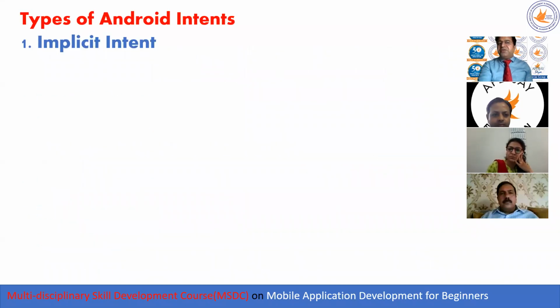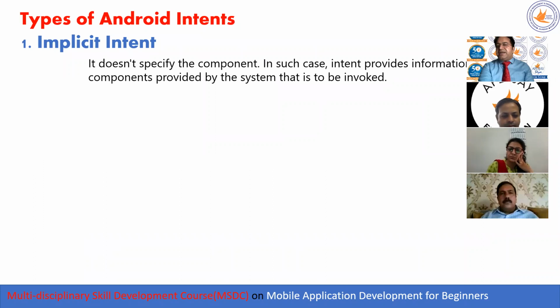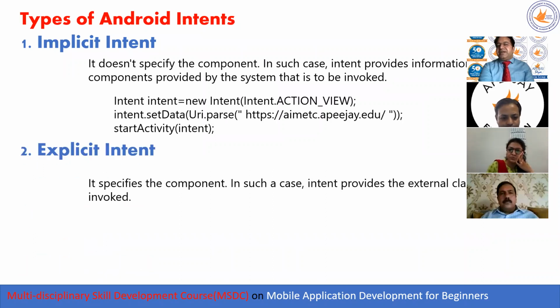So we have two types of intent. One is implicit intent, another is explicit intent. In the case of implicit intent, you simply tell Android that you want to open, for example, a website address. You type in the address and it will open in the same activity.